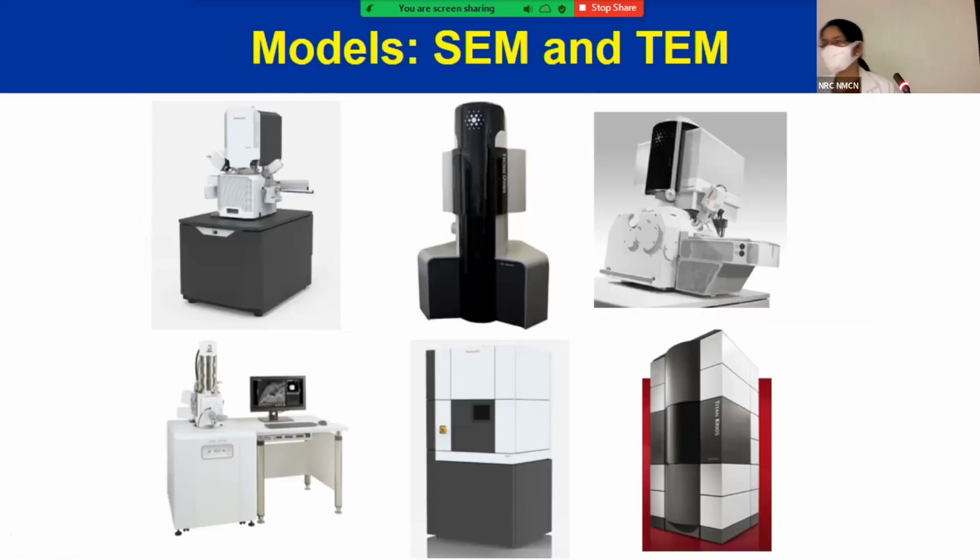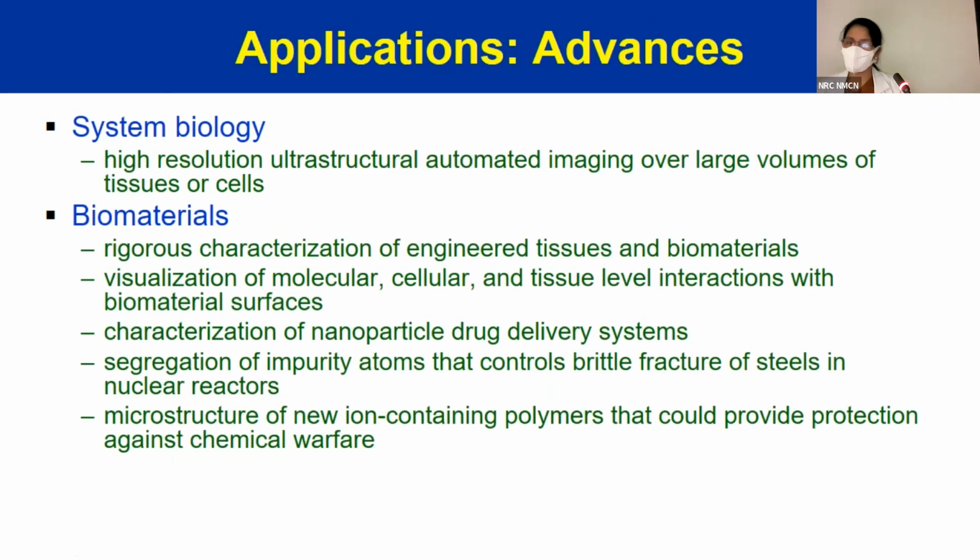So there are a large number of models of both scanning and transmission electron microscope, and they keep on improving day by day because of the material science applications. For IT and engineering techniques, you need these instruments for the material sciences, for structural biology, for cellular biology, and various biomaterials.